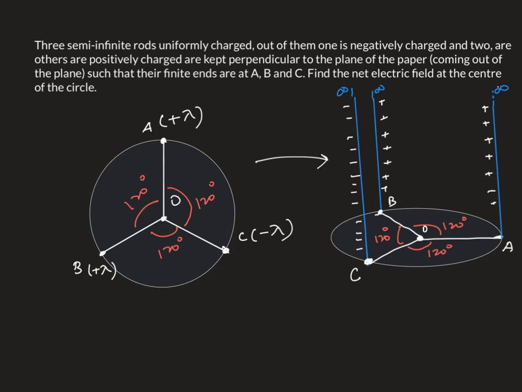Now we do remember, of course, what the electric field is due to a semi-infinite wire. Let me draw this here. For a semi-infinite wire, there are 2 fields, E perpendicular and E parallel.